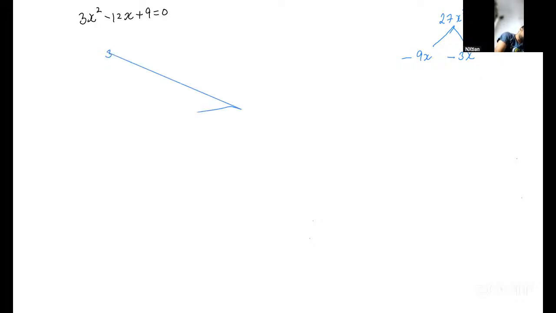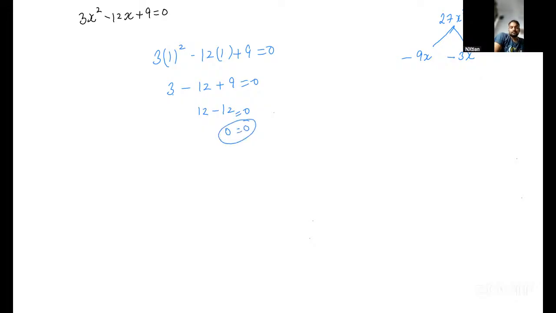If you put 1, it will be 3 times 1 square minus 12 into 1 plus 9 equals 0. So 3 into 1 square is 3, 3 minus 12 plus 9 equals 0. 3 plus 9 is 12, 12 minus 12 equals 0. 0 equals 0.